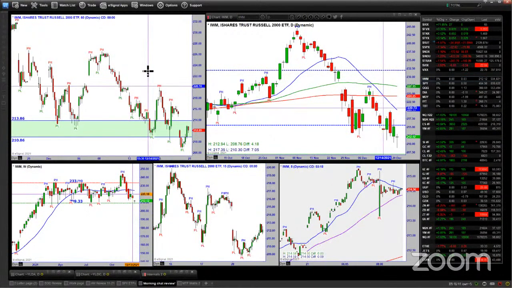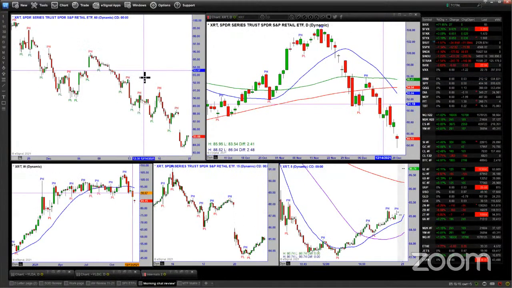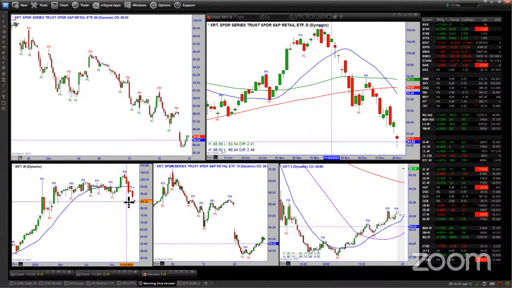And if you then look at retailing, it moved the same way, and they've broken down. So this market is going through a corrective process here with these wide, whippy ranges. How ugly does it get? At what point does it begin to stabilize? We'll figure that out as it evolves.